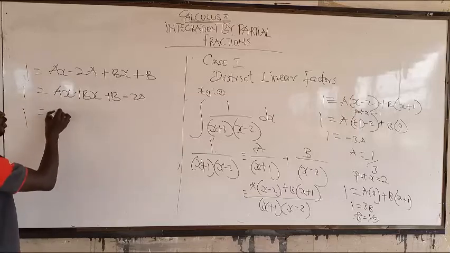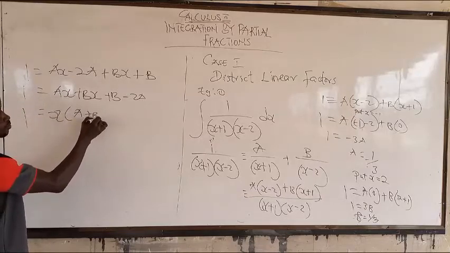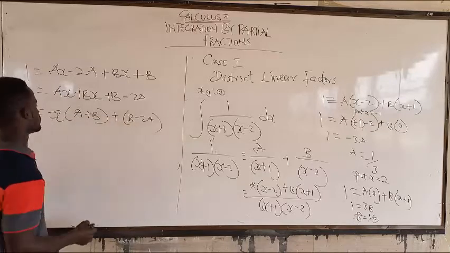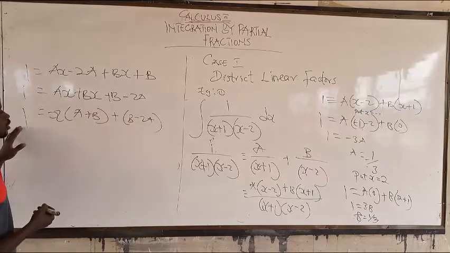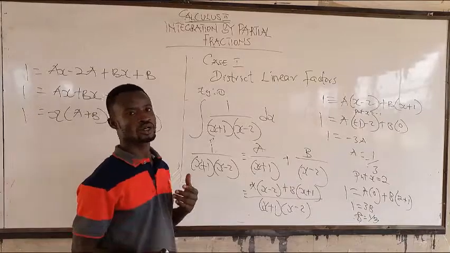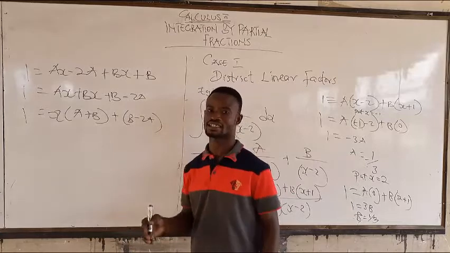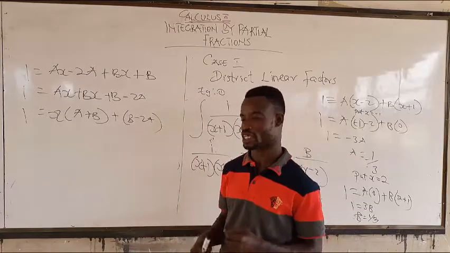Then you factor S out. Now that you have expanded and simplified and grouped like terms for the right hand side, you now compare the coefficients.